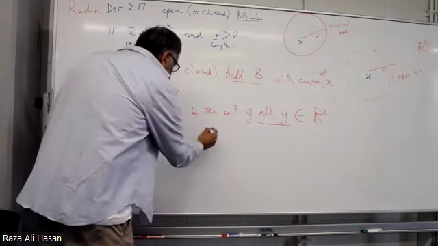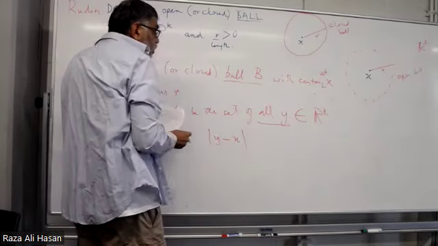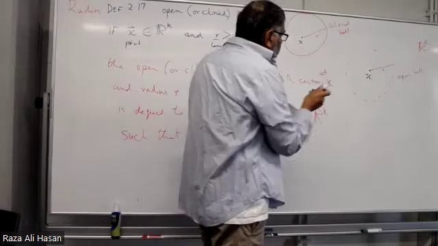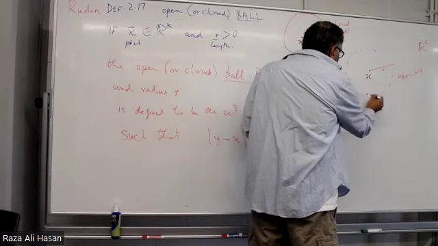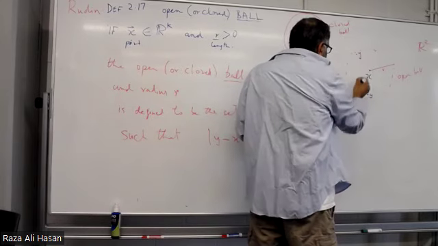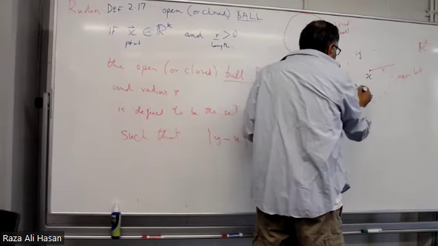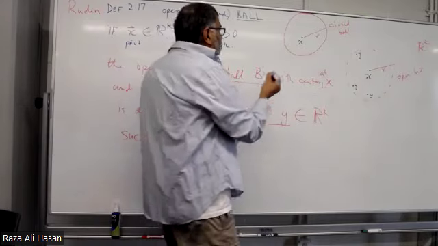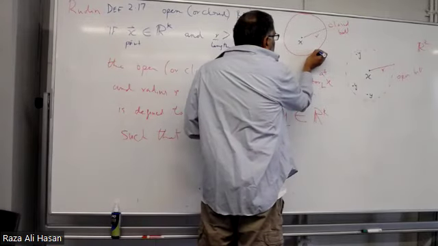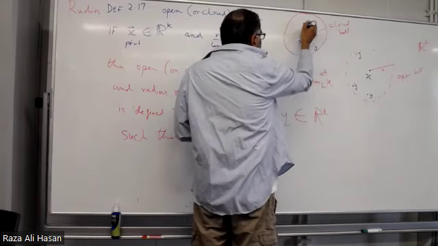y minus x. So where are our y's? There's a y right here. Got another y right here. We have a y here. And then for our closed ball, we have y's on the boundary, on the circle, here.